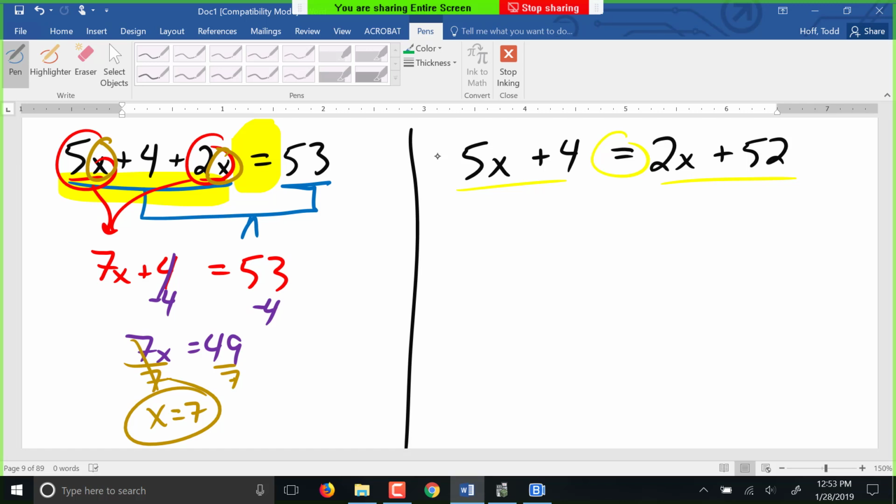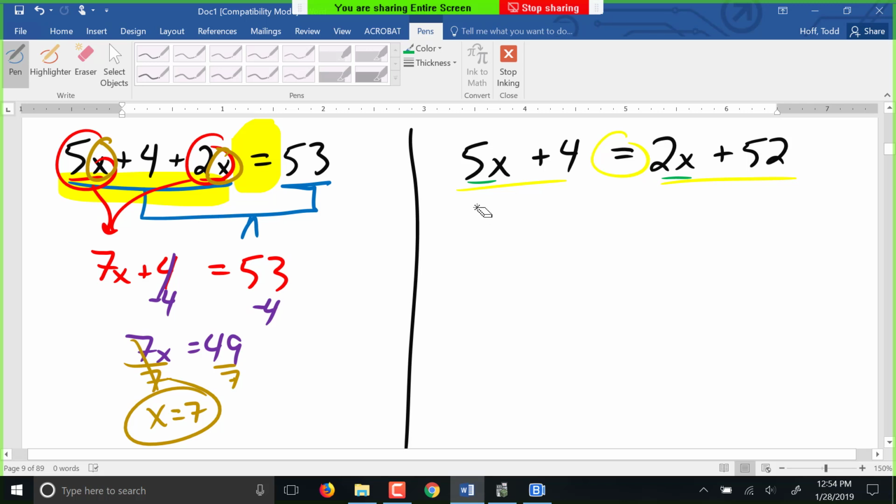That's exactly right. We have to get rid of one of them. And the mechanism we use to get rid of something, if we want it to be 0, we have to use an additive inverse. If you remember our rules or properties of numbers from last week, additive inverse will give us 0. First, we got to choose which one we're going to get rid of, the 5x or the 2x.